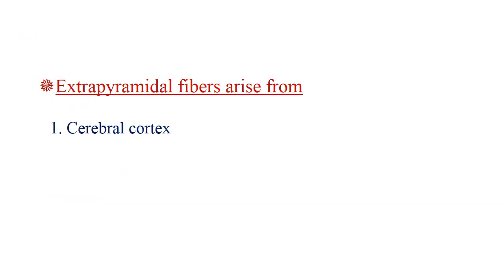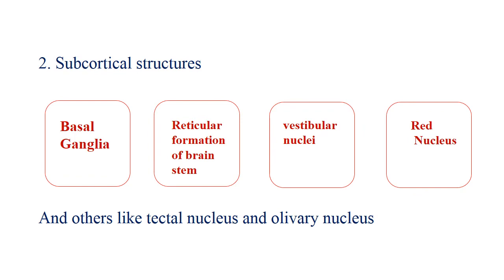The extrapyramidal fibers also start in the cortex, from the motor cortex. And this is the difference: they will pass through subcortical structures. Subcortical structures are the brain structures below the cortex, for example the basal ganglia. We will have a separate lecture for the basal ganglia, a very important structure.